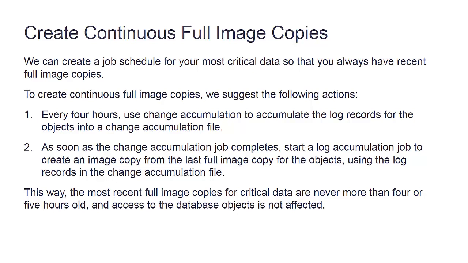When the change accumulation job completes, use the log records from the change accumulation file to start a log accumulation job to create an image copy from the last full image copy for the objects. Following these suggestions, the most recent full image copies for critical data is never more than 4 or 5 hours old, and access to the database objects is not affected.